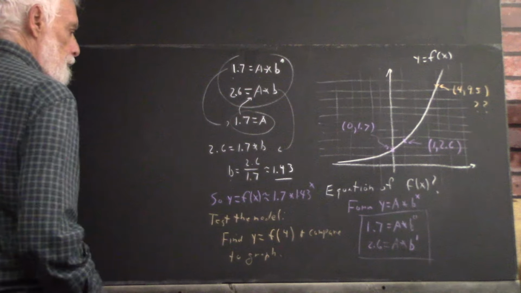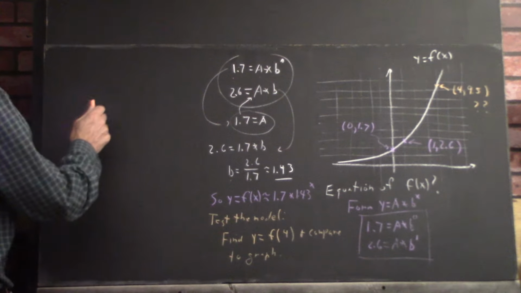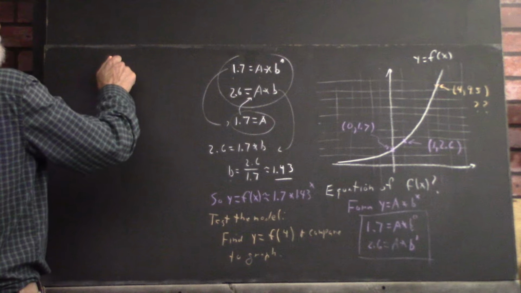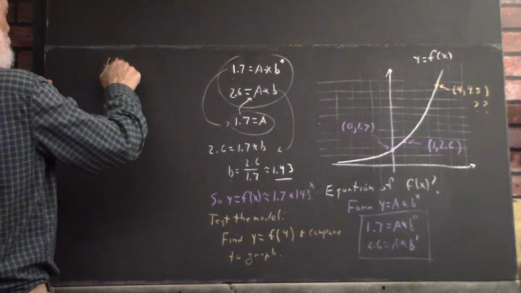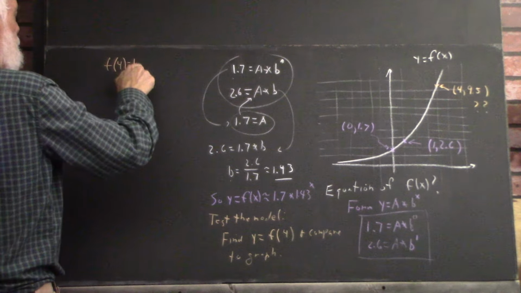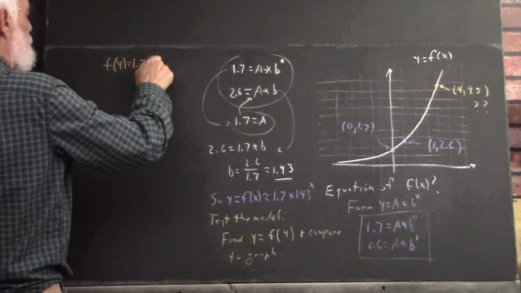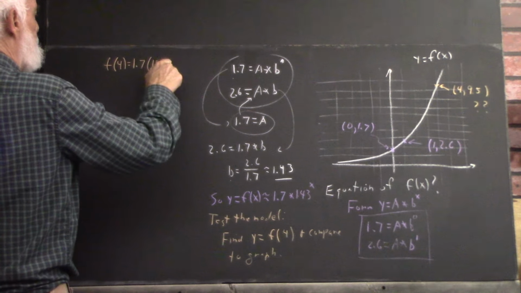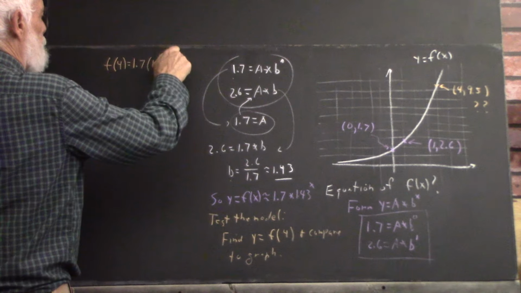Plug 4 in for x. You get 1.7 times 1.43 raised to the 4th power.